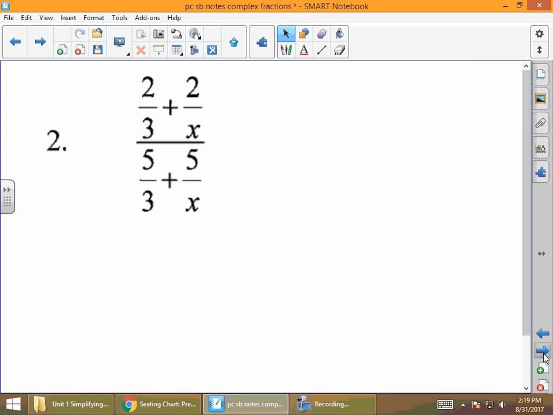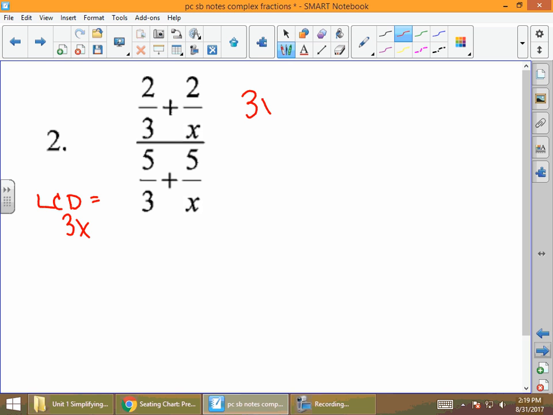3x. So what we do, once we find the least common denominator of 3x, is we take that least common denominator and we're going to multiply it by each fraction. We're going to multiply it by the 2/3.